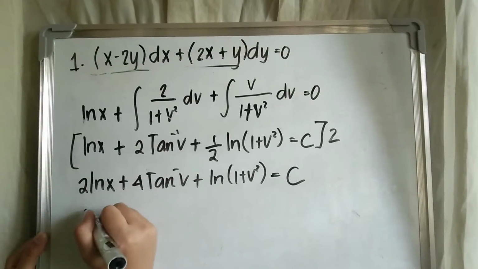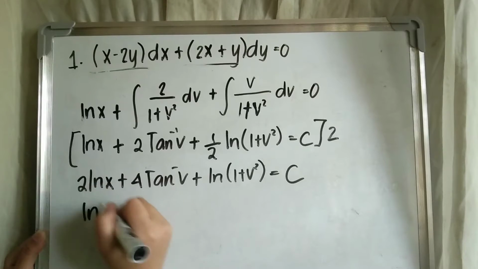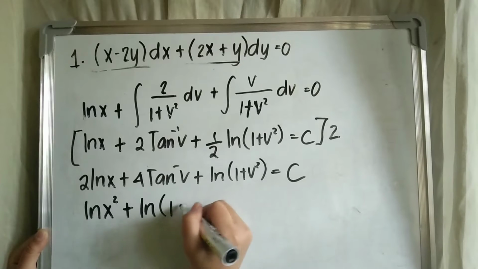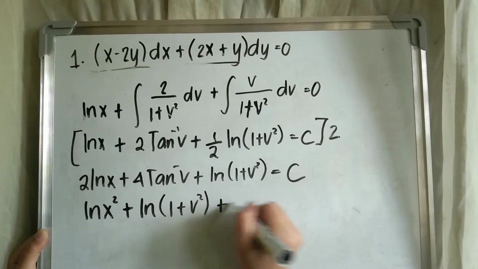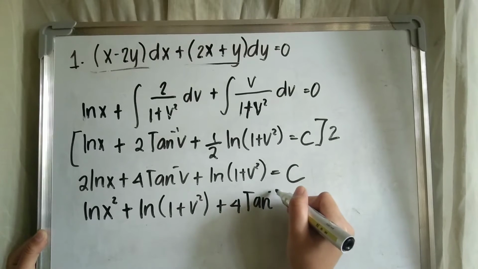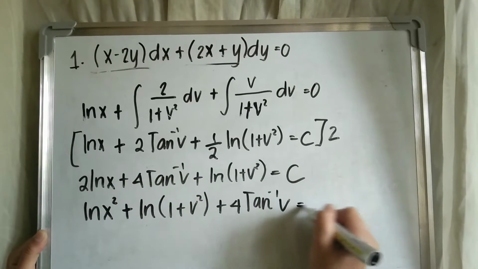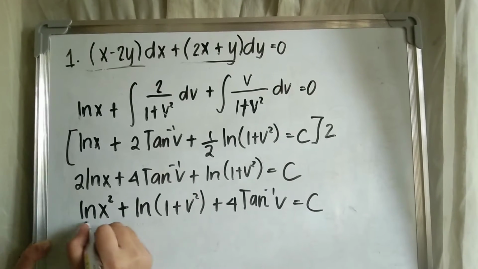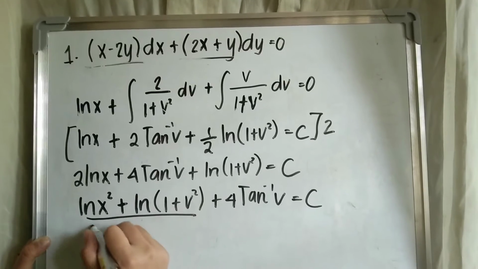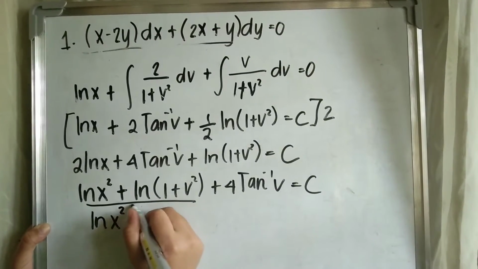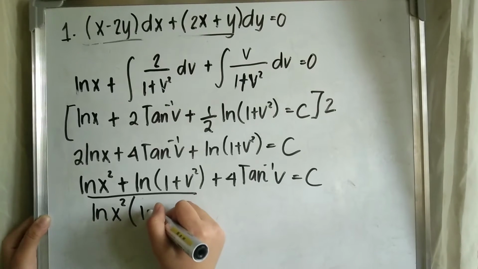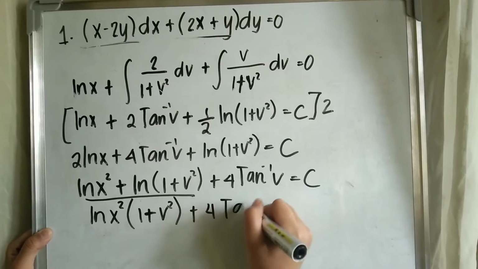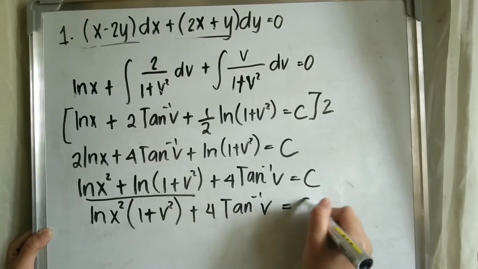And then by the properties of the natural logarithm, our 2 here will become the exponent of x: ln x squared plus ln of (1 plus v squared) plus 4 arctan of v equals c. By the properties of the natural logarithm, this addition form can be rewritten into multiplication form. So this will become ln of x squared (1 plus v squared) plus 4 arctan of v equals c.